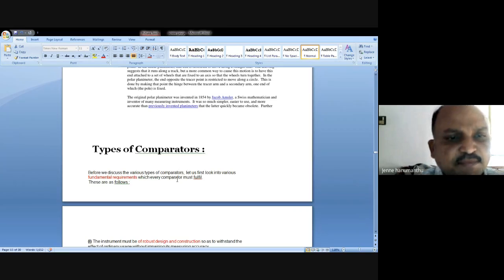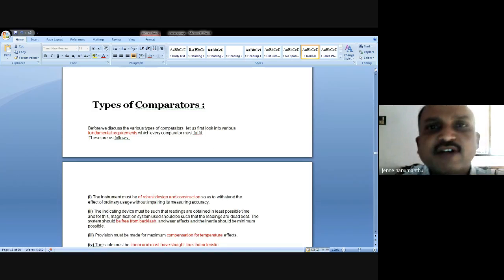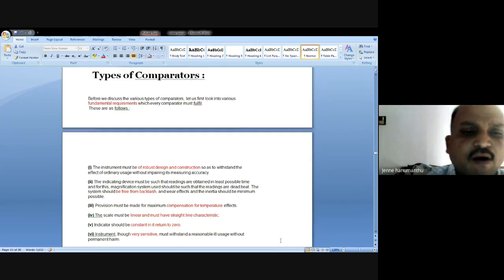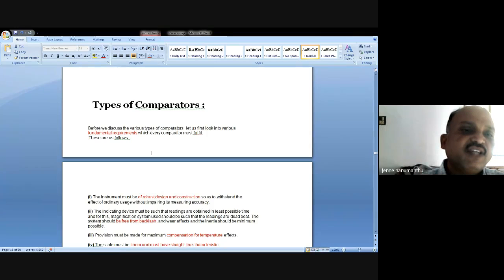Okay, types of comparators. There are different types of comparators. But before going to the types, we have to know the fundamental requirements. What are we actually expecting from the comparator?